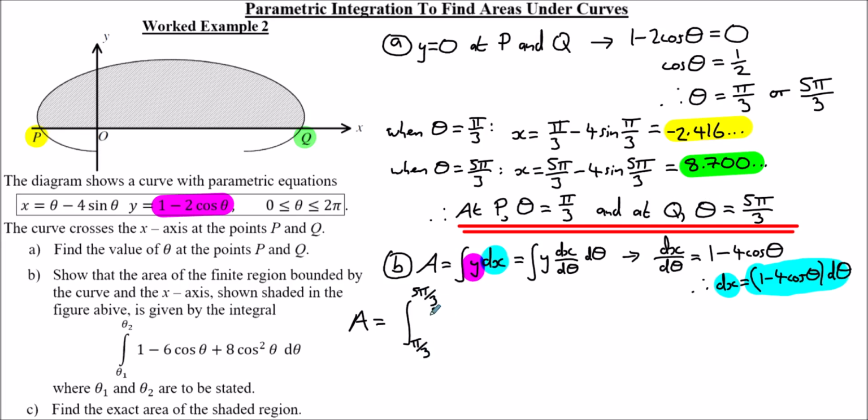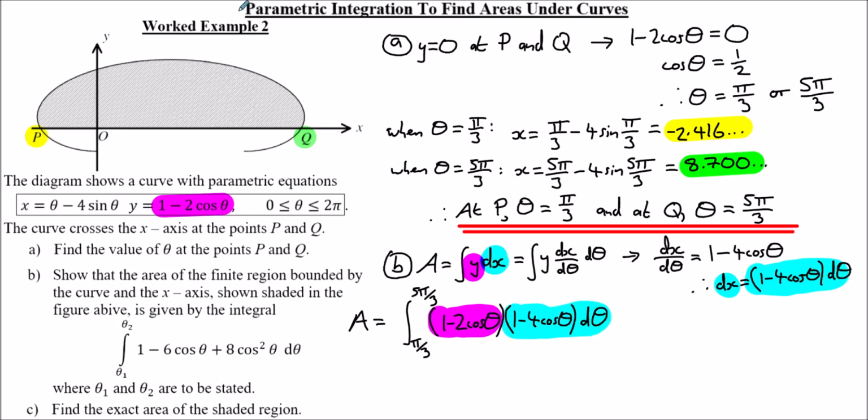So y is 1 minus 2 cosine theta, and dx is 1 minus 4 cos theta d theta. So all we're doing there is just substituting in what y is in terms of the parameter and dx in terms of parameter theta.